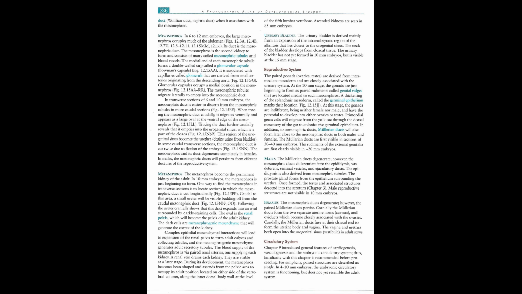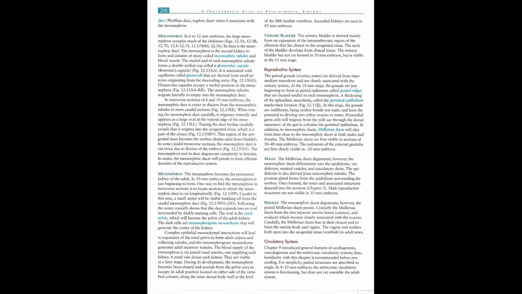Complex epithelial mesenchymal interactions will lead to expansion of the renal pelvis to form adult calyces and collecting tubules, and metanephrogenic mesenchyme generates adult secretory tubules. The blood supply of the metanephros is via paired renal arteries, one supplying each kidney. A renal vein drains each kidney.